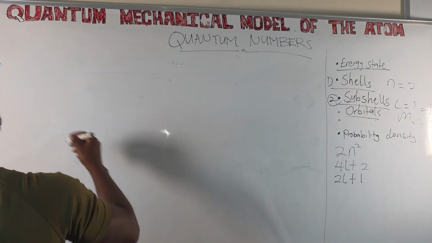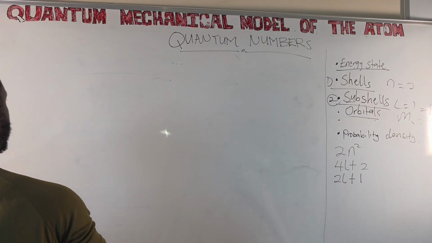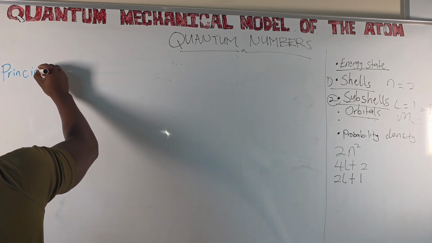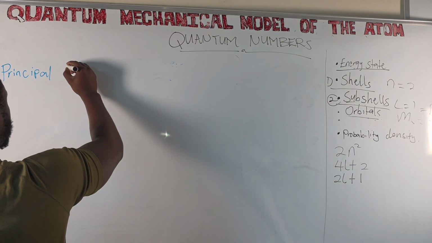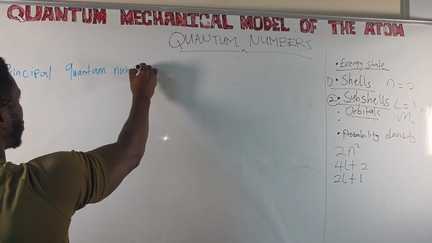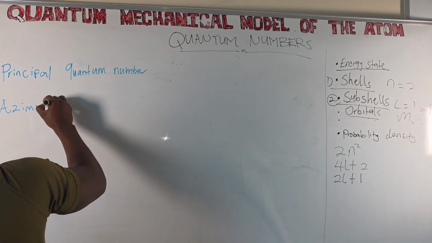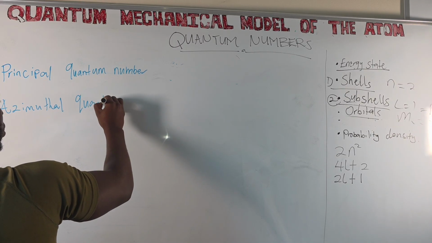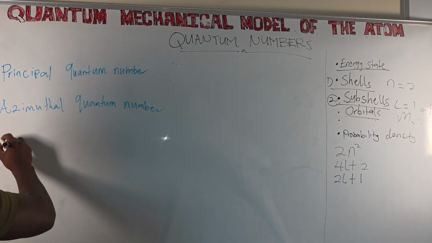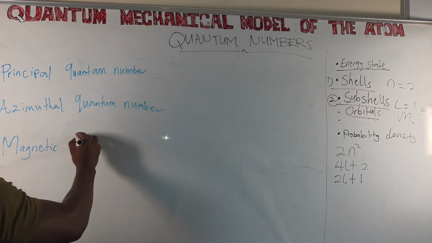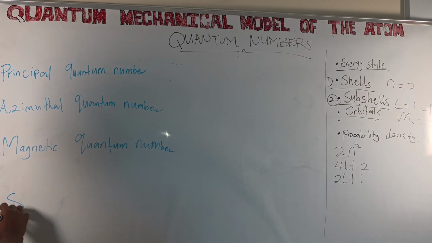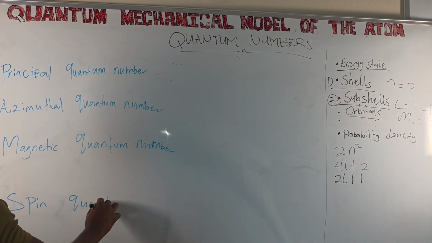So we have the principal quantum number, the azimuthal quantum number, the magnetic quantum number, and then last but not least, the spin quantum number.